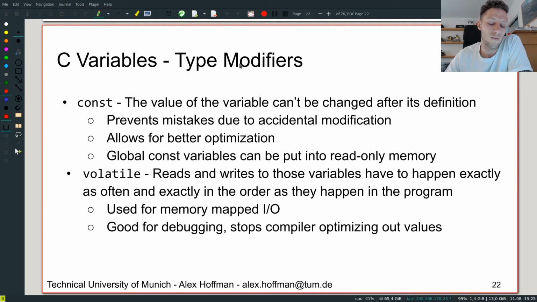What const does is tell the compiler this variable's value never changes. Let's say I have a float called pi and I put 3.14 and so on. I can put const on it and the compiler knows, hey, for the entire execution of this program, this variable's value will never change.